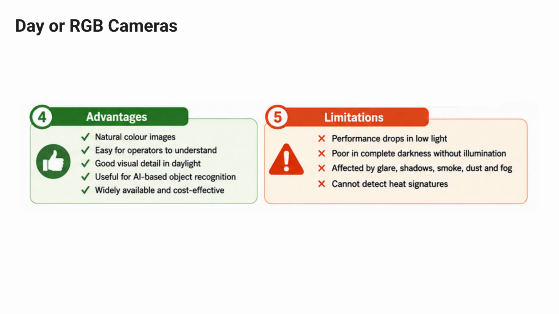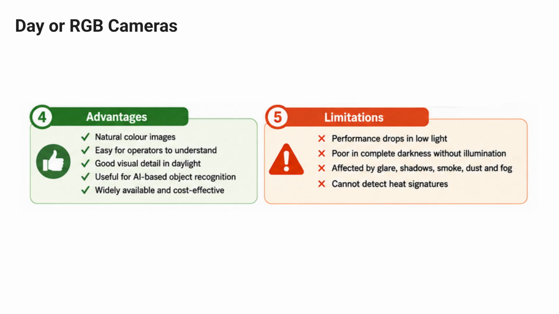Day, or RGB cameras, offer several important advantages for unmanned ground vehicles. They provide natural color images that are easy for operators to understand. They also capture useful visual details such as road markings, terrain features, uniforms, vehicles, and equipment. RGB cameras are widely available, cost-effective, and well-suited for AI-based object detection and visual tracking. However, they also have limitations.